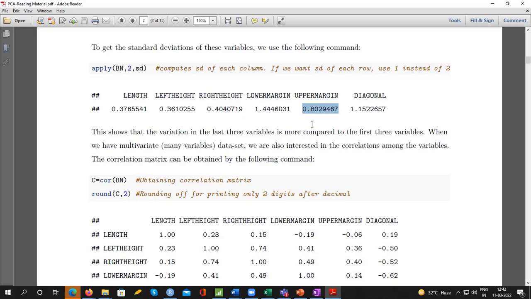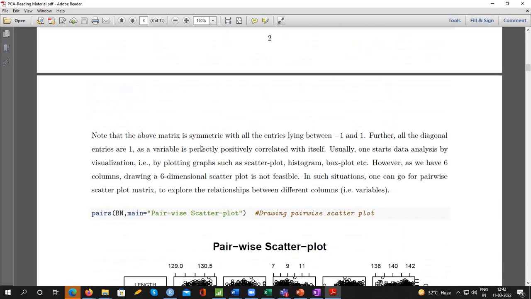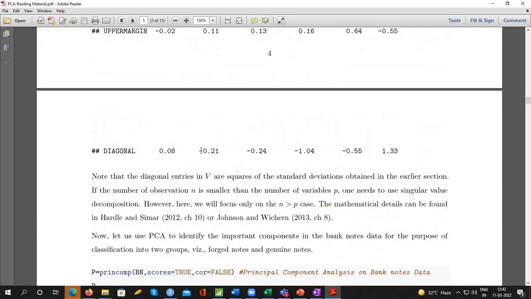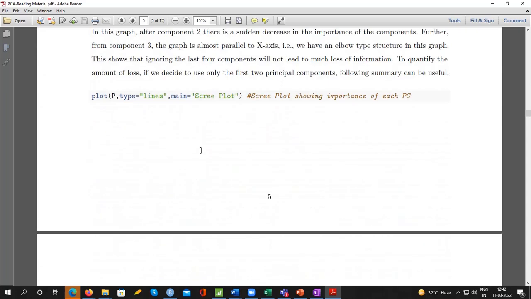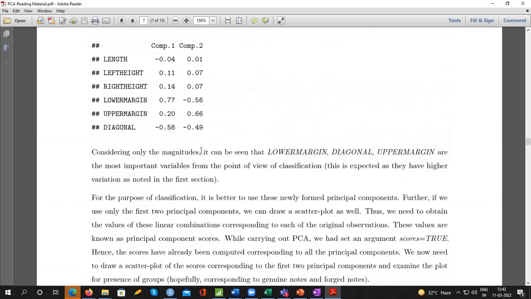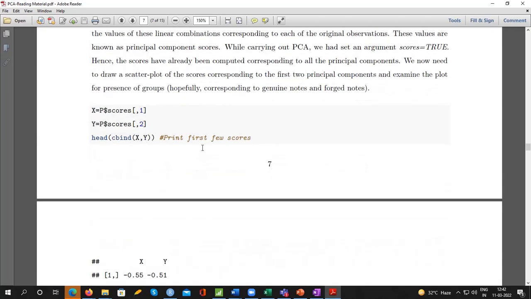So it means that principal components tend to pick those variables which have high variation, because the key message is variation is information.